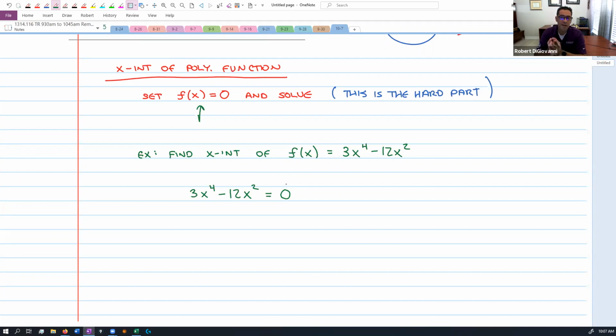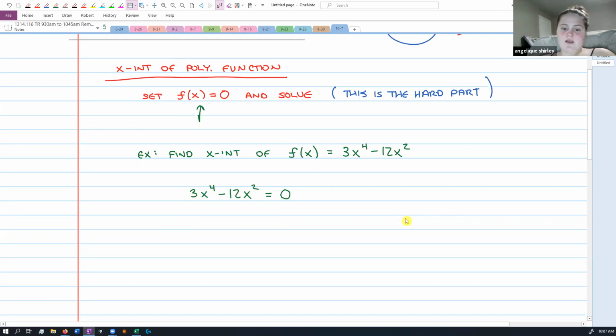So I do expect that everyone here can do GCF, greatest common factor. You should be able to look at this and say, oh, there's something that these both have in common. Can someone tell me what they both have in common? 3 and x squared. So I can factor 3x squared out.